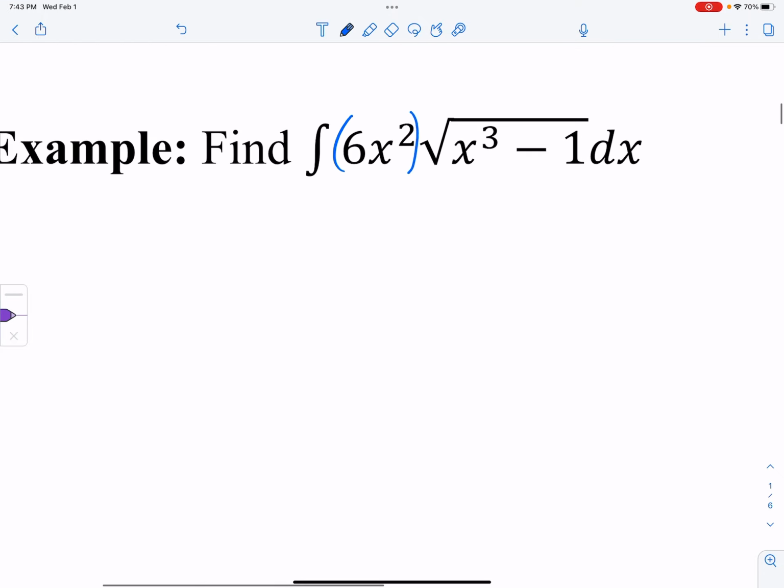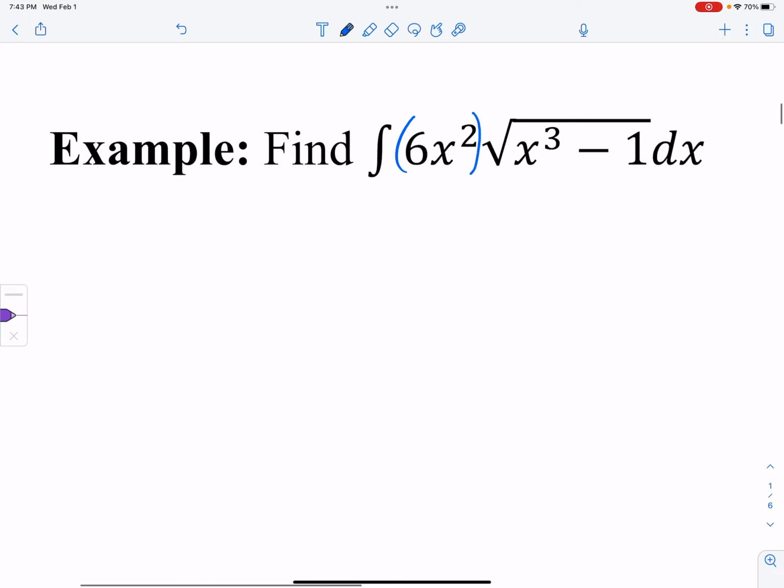So to do this, why don't we think, I see x cubed minus 1 is underneath that square root. So let u equal to x cubed minus 1, and the reason I'm saying that is because I don't know how to integrate the square root of x cubed minus 1. But also there's an x squared left there.